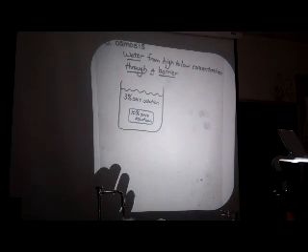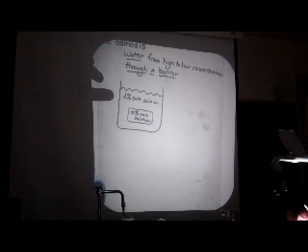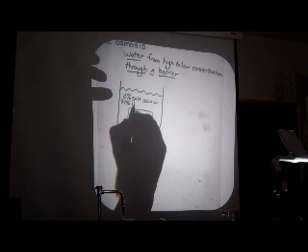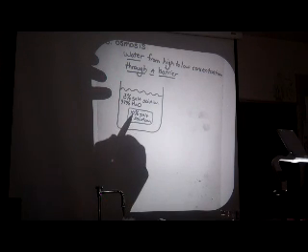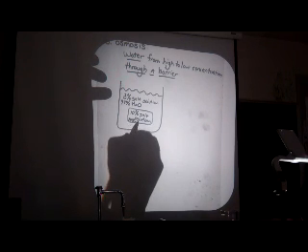And remember what I said up here: water wants to move from where there's a lot of water to where there's not a lot of water. So if I say it's a 3% salt solution, hopefully you understand that the other 97% is water. If I say I have a 10% salt solution, the other 90% is water.